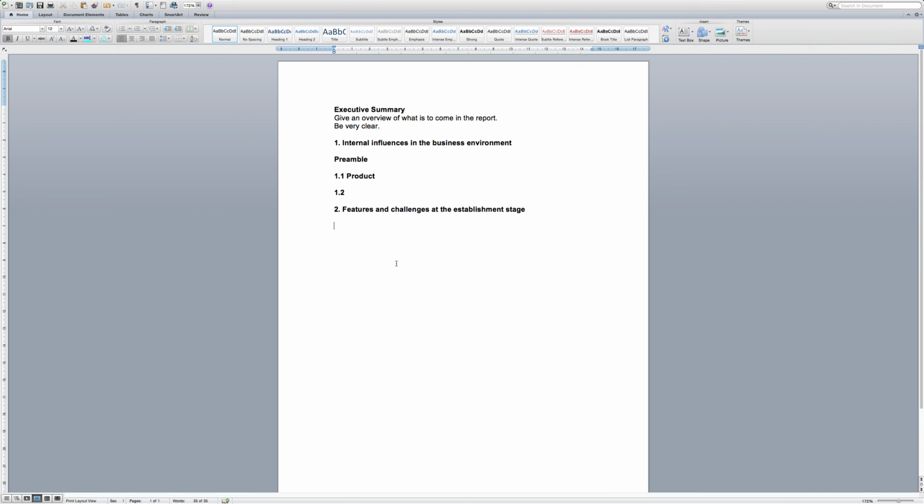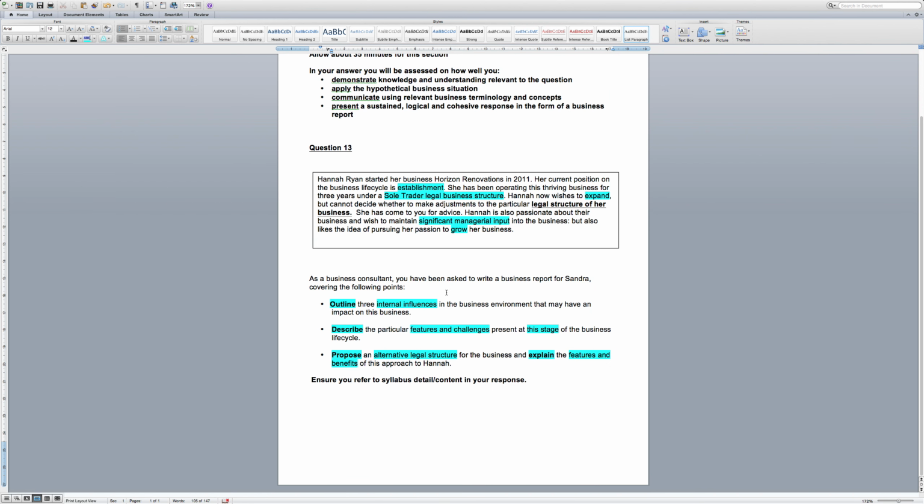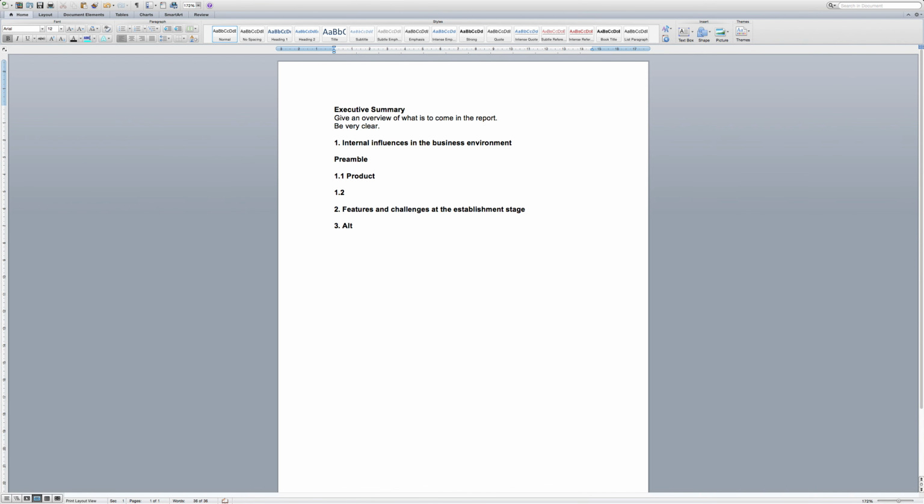However, you need to ensure that you're answering the question in enough detail. Next section, we're going to use the alternative legal structure and features and challenges. This is just an example heading. You can call it whatever you like. It doesn't really matter what you call it as long as it links to that part.